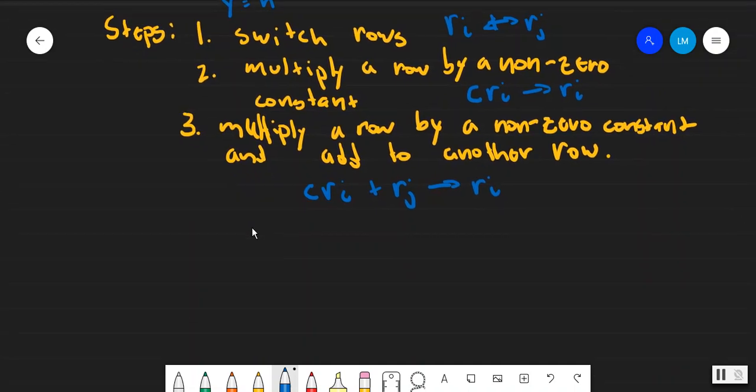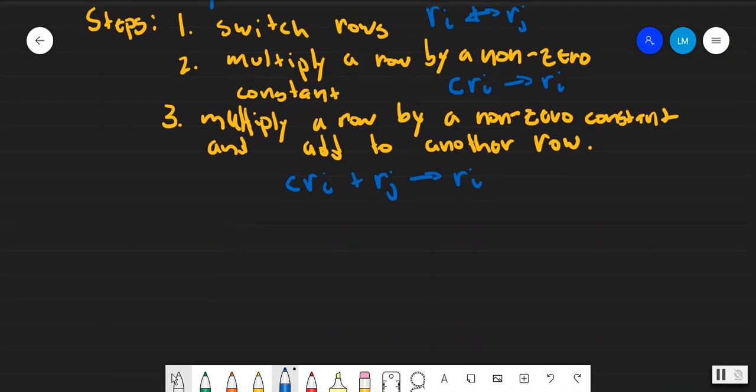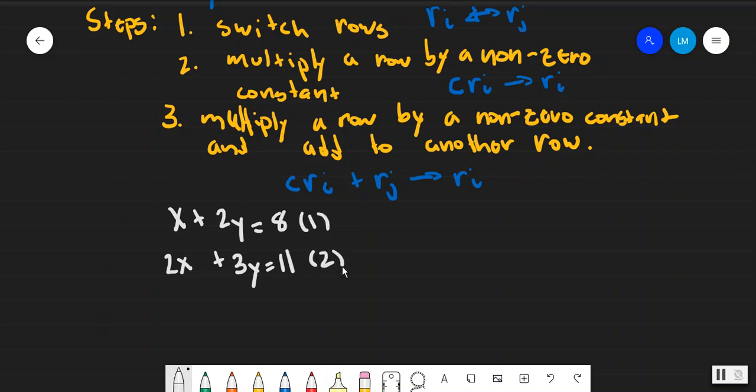Now, I'm going to put up a problem where I have the following: x plus 2y equals 8, and 2x plus 3y equals 11. I want to solve this system of equations by using these row operations.